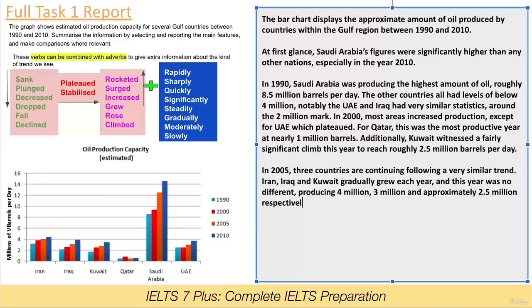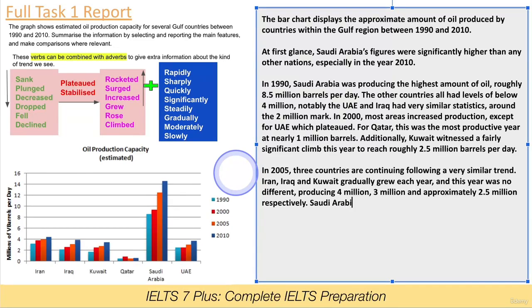respectively. Okay, so respectively is a nice way of listing data. So you mention the variables, so in this case countries, and then you can follow them in the order with the data that matches them. So that's a nice way of creating some variation and reporting back, I think. Okay, so we've mentioned these 3, and we could just mention Saudi Arabia having a big climb there.